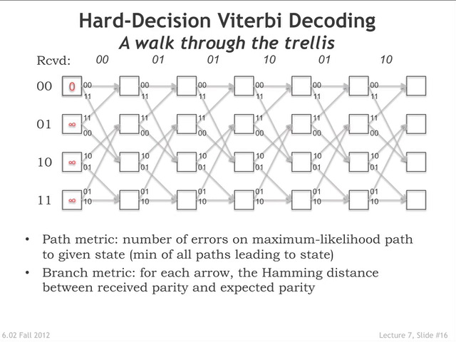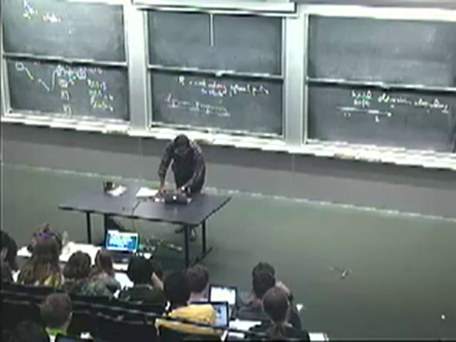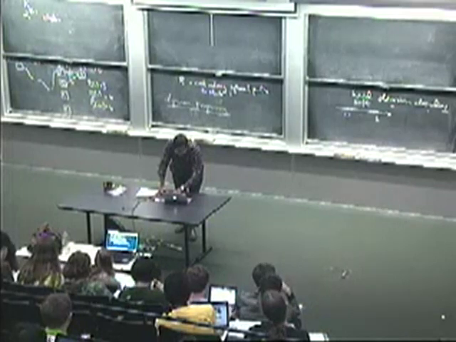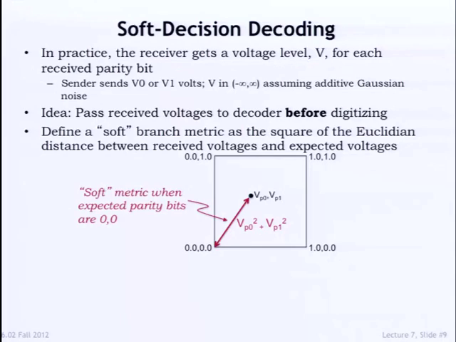So how might things differ if you go back to soft decision decoding? So let me find that slide. The Viterbi algorithm doesn't care how you come at these costs. The Viterbi algorithm is just dynamic programming on this trellis.